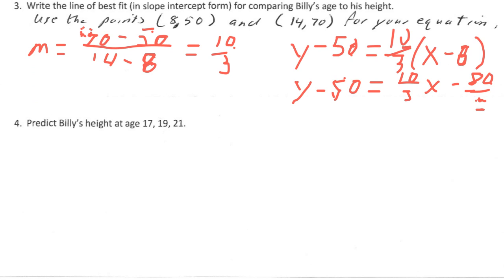Continuing on. Add that 50. And we get an equation of y equals 10 thirds x minus 80 thirds plus 50.